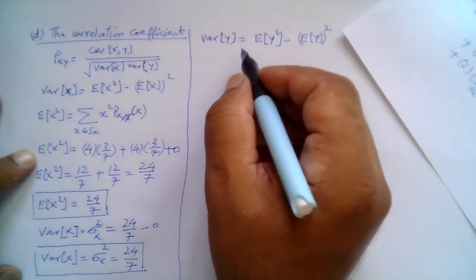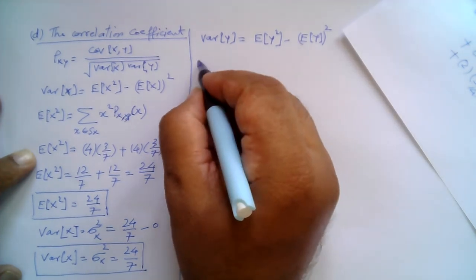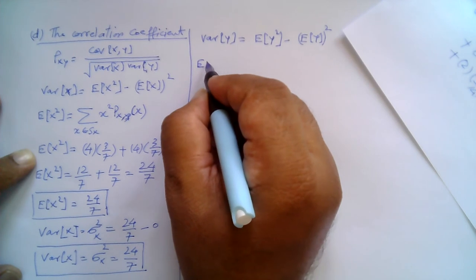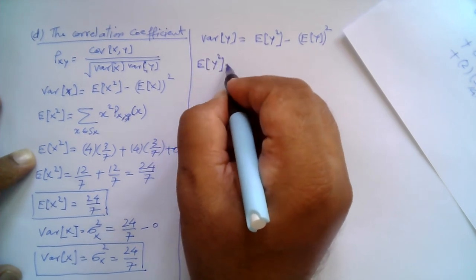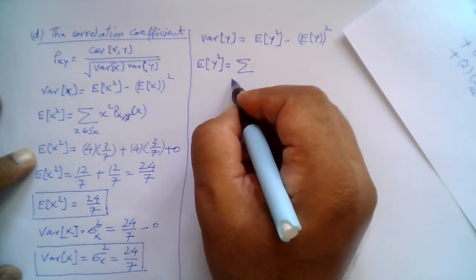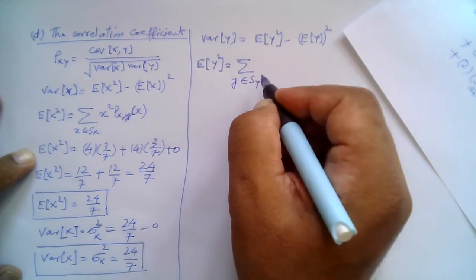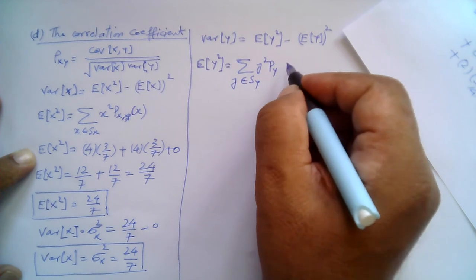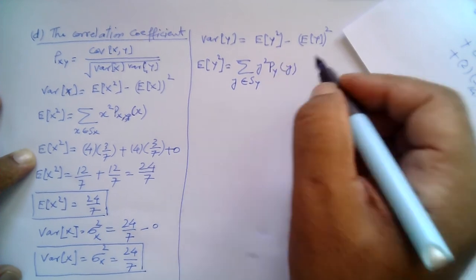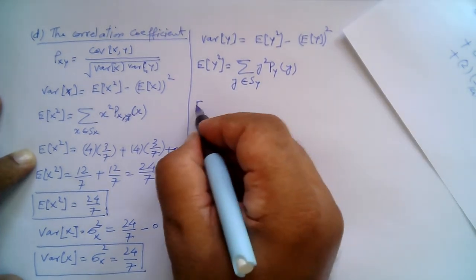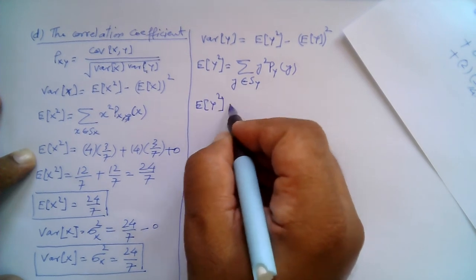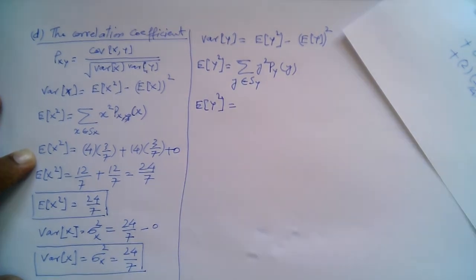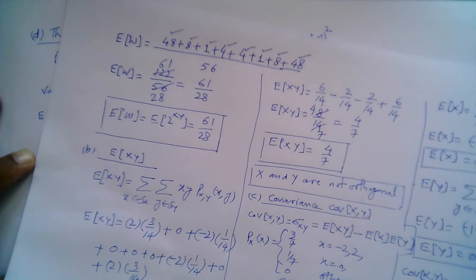To calculate this, we need the expected value of y squared, which is given by the summation over y in the support of y of y squared multiplied by the probability of y. We have the probability model of y here.